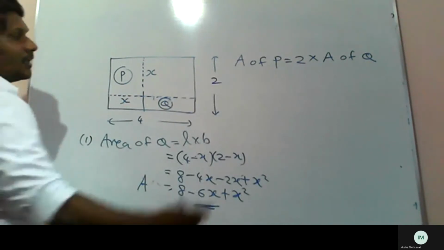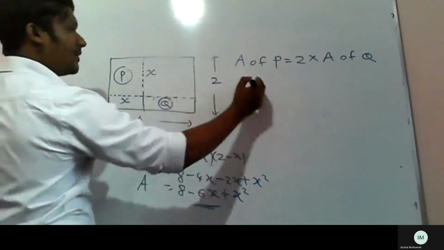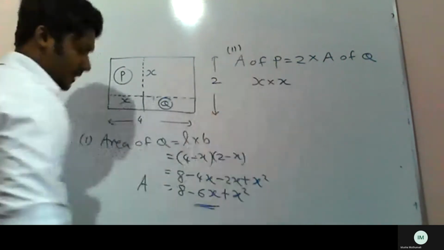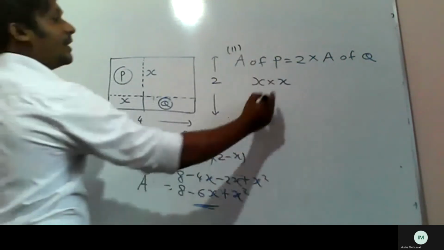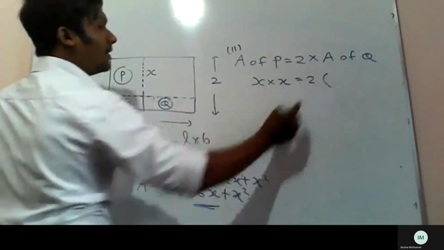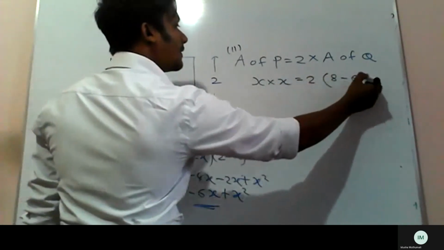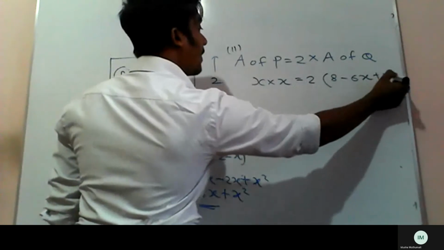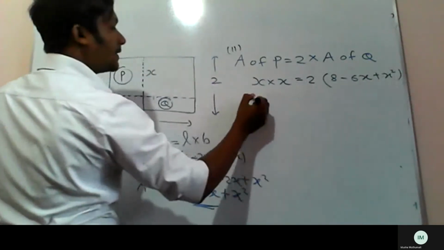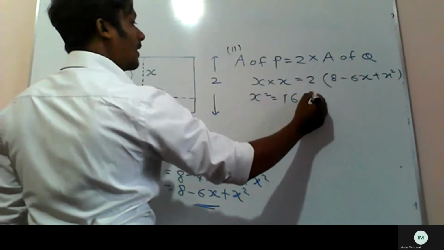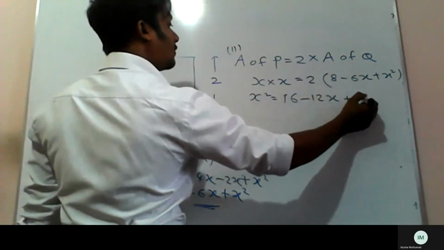Now, the area of P is x into x. This is the second question. x into x equals 2 times the area of Q. Area of Q is 8 minus 6x plus x squared. Then x squared equals 16 minus 12x plus 2x squared.